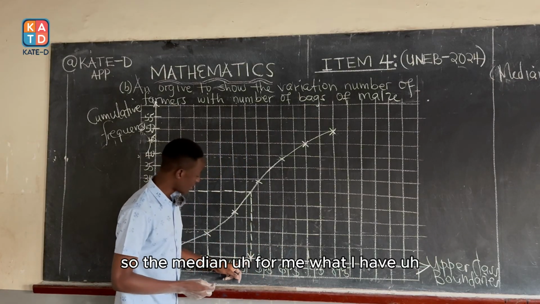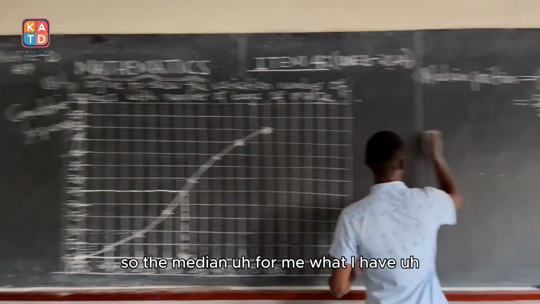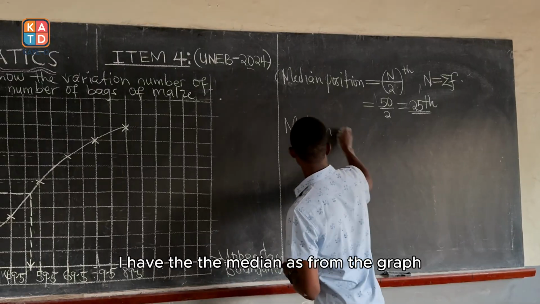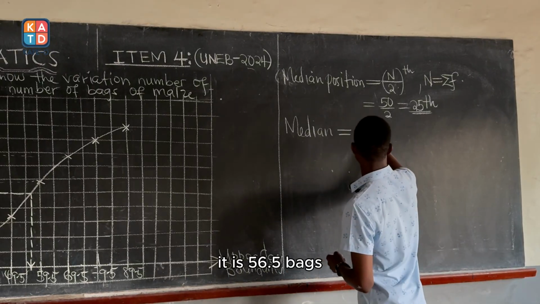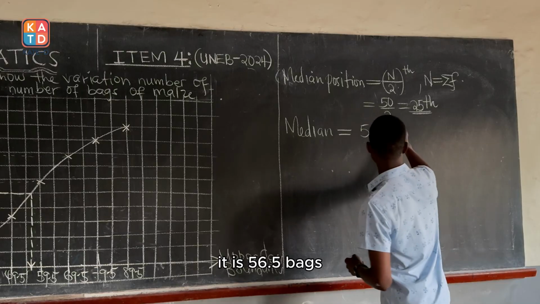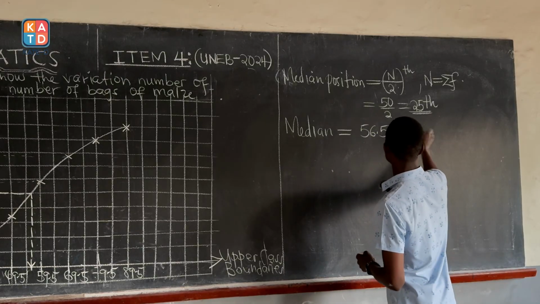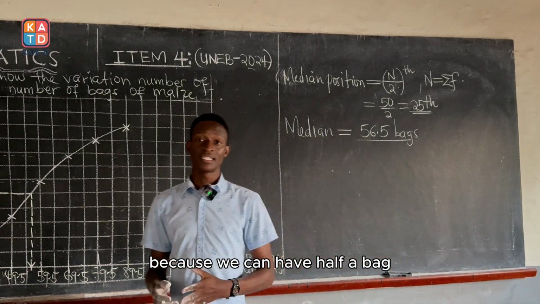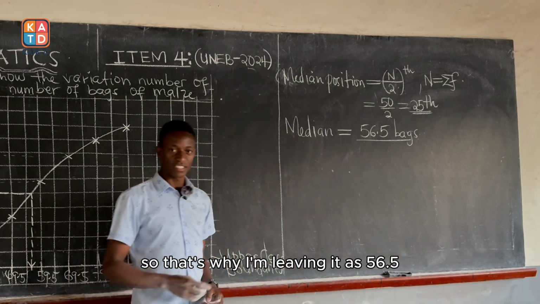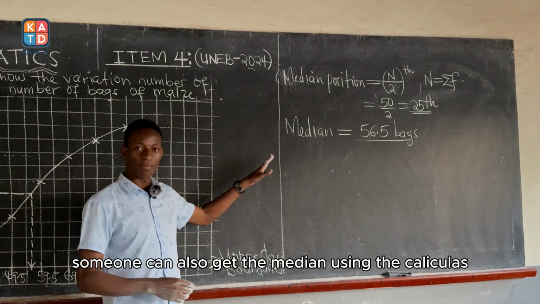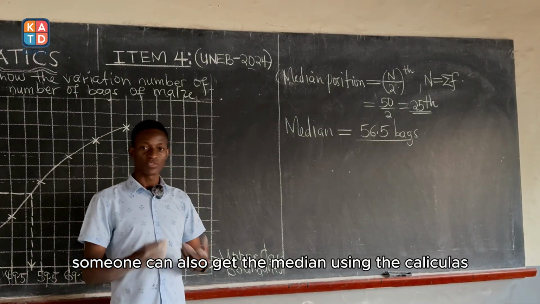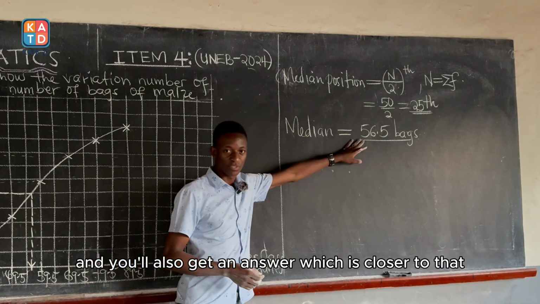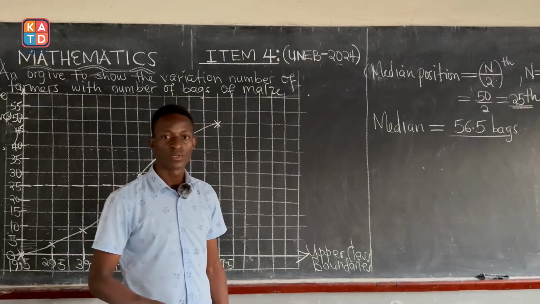So the median, for me, from the graph, is 56.5 bags. We may not need to round off because we can have half a bag. So that's why I'm leaving it as 56.5, though someone can also get the median using the calculus part, the formula, and you'll also get an answer which is closer to that.